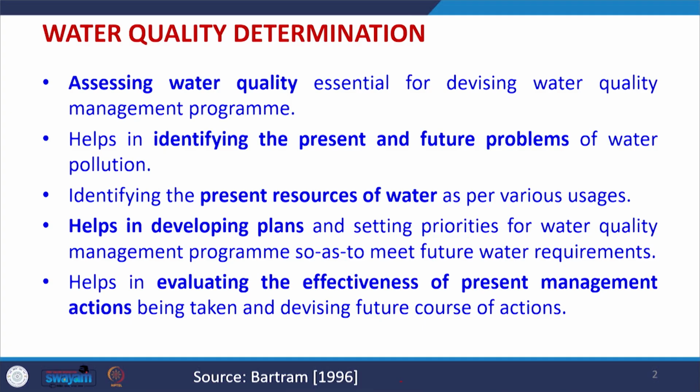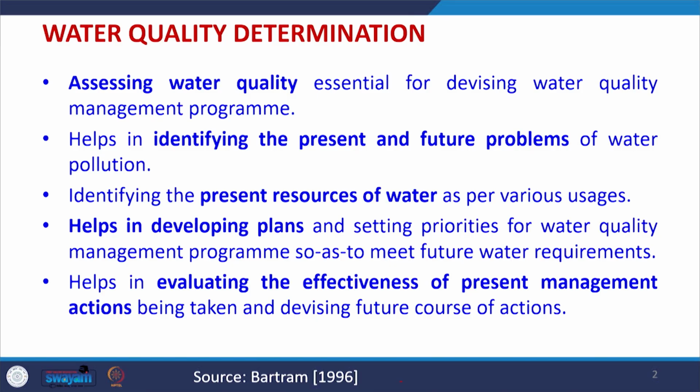That means in future also the problem will be enhanced and we will have to solve it in detail. It also helps in identifying the resources of water as per the various uses. We have to always look for the resources of water depending upon our uses. If our uses are different, then we have to see how we can use the water.